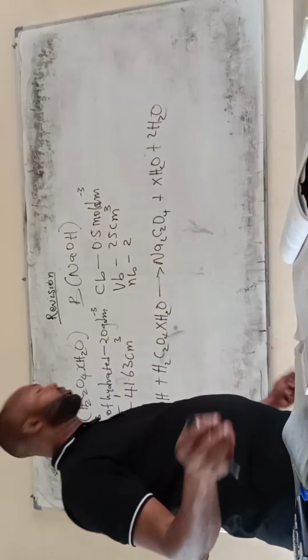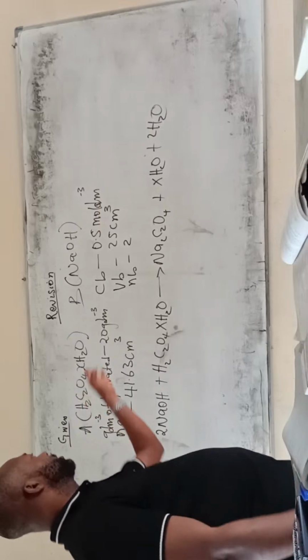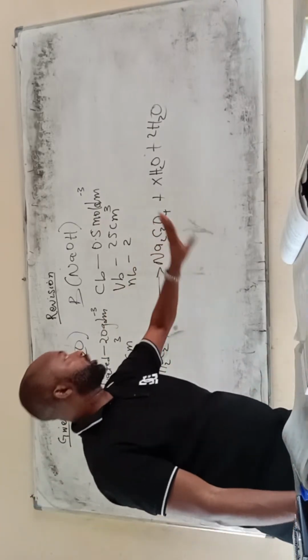So this is it. Now from here, the number of moles of the base is 2, the number of moles of the acid is 1, and the equation is balanced.